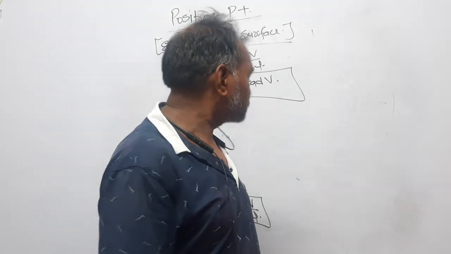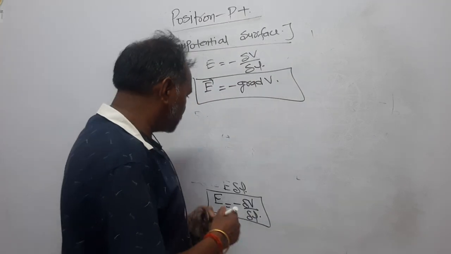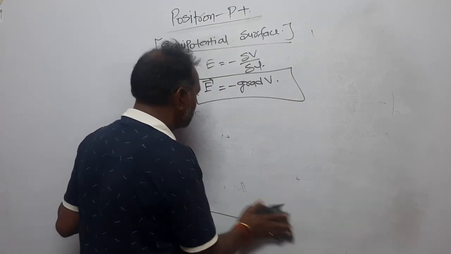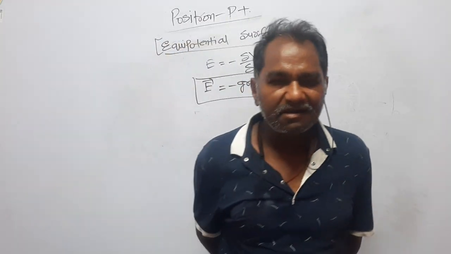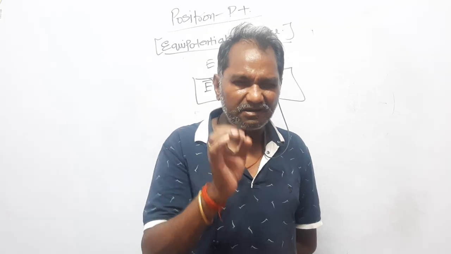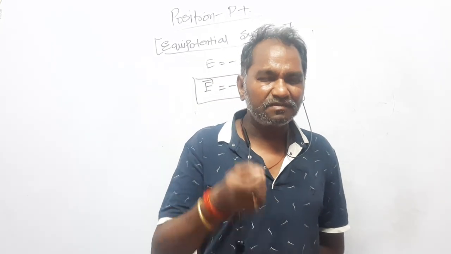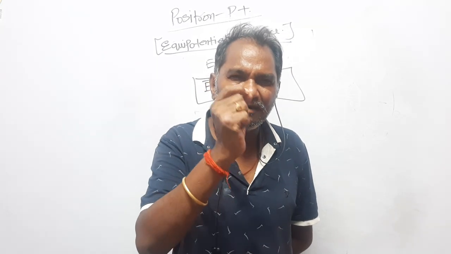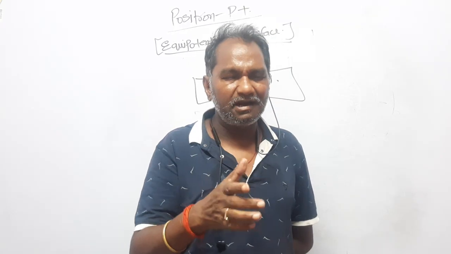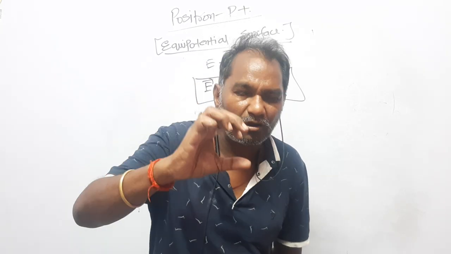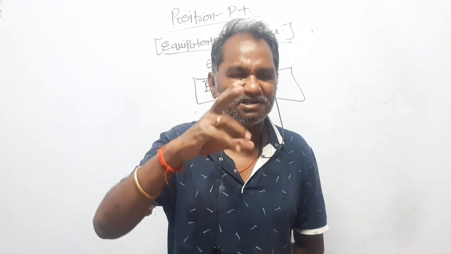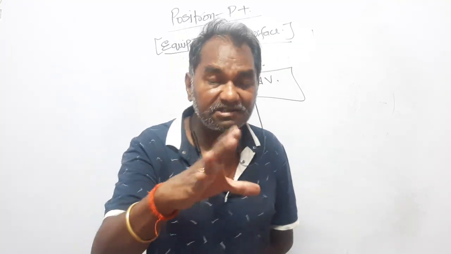So the first conclusion we have got from the equipotential surface is that the electric field line intersects normally to the equipotential surface, and the second conclusion is that the direction of electric field will be such that the drop in potential will be sharpest, steepest, maximum.